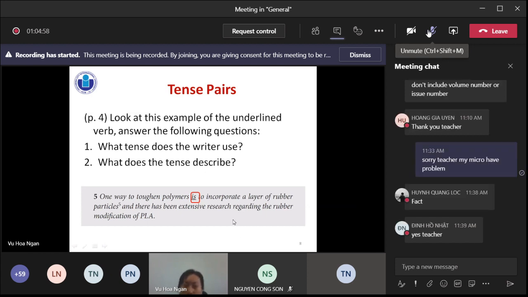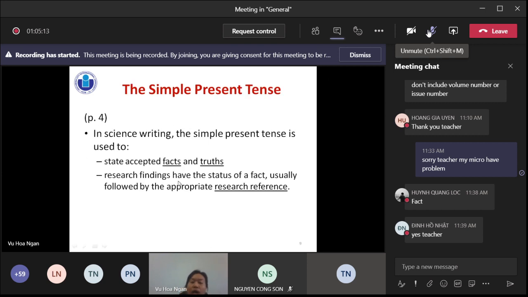Okay, now let's see. So what does it express in scientific writing? Whether it is the same. Okay. Now let's see. So in scientific writing, the simple present tense is used for facts and truths. It's the same as general English.